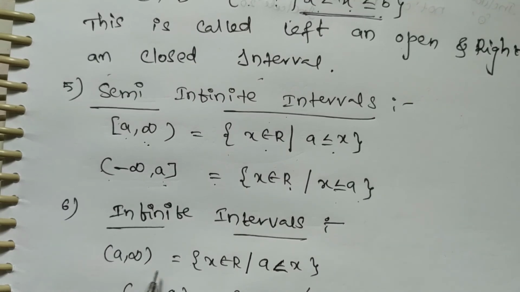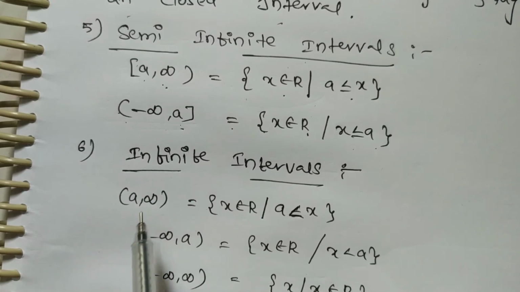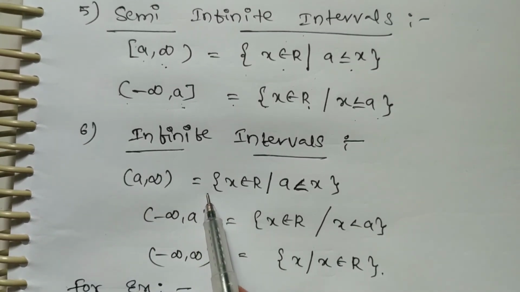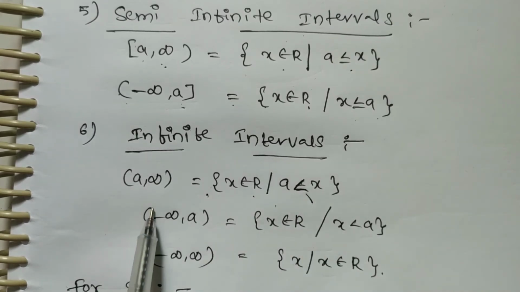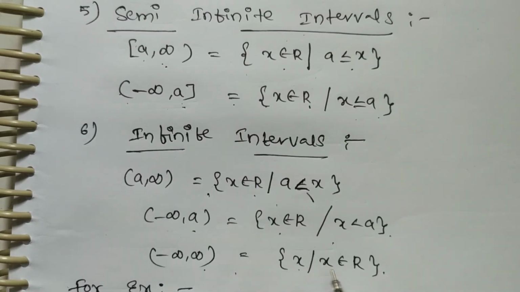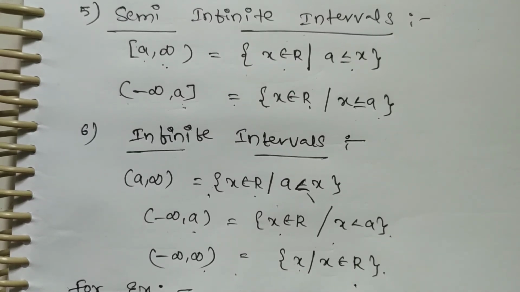Next are the infinite intervals. That is (a, ∞), x belongs to R such that a less than x. Next is (-∞, a), x belongs to R such that x less than a. Next is (-∞, ∞), x belongs to R. So these are the infinite intervals.